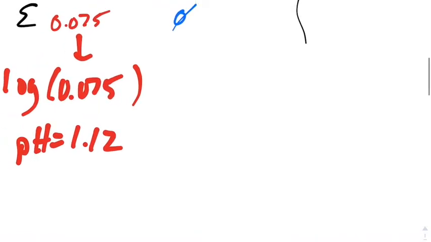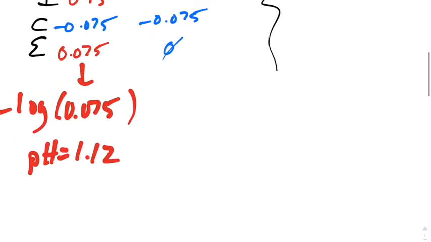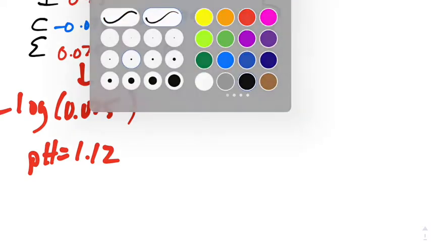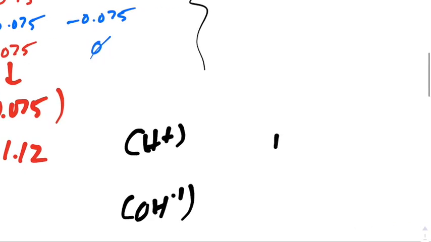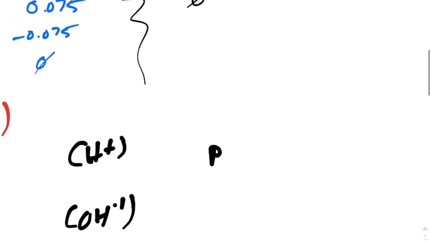But remember from our pH square that if you know any one of the four corners, you know all of the four corners. So if I have H positive and OH negative, and then over here I have pH and pOH.